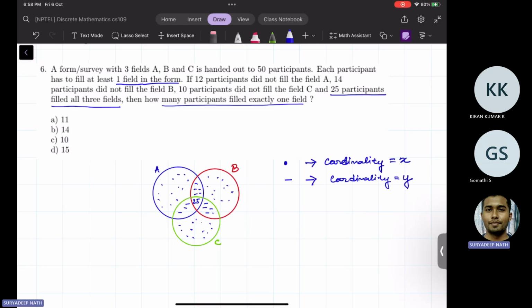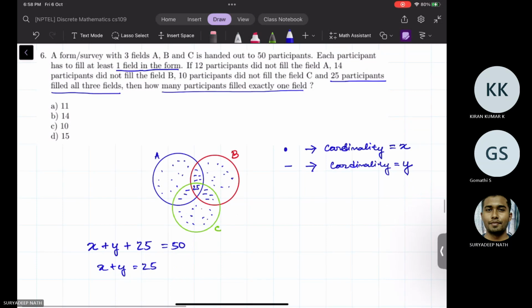Now in total there are 50. So x plus y plus 25 is 50 because there is no one outside of this. So x plus y is 25.